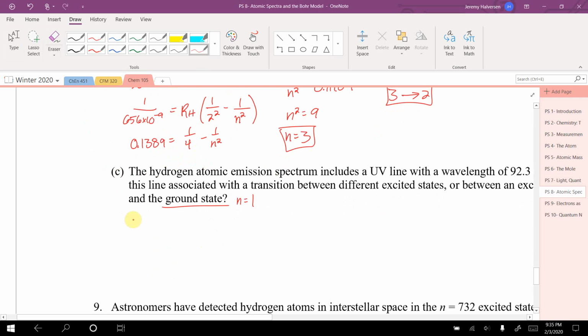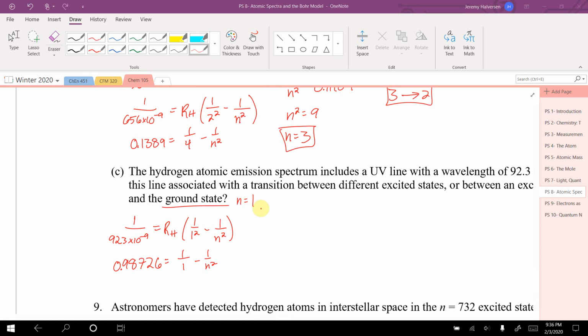So I would say 1 over 92.3 times 10 to the negative 9 equals RH, 1 over 1 squared minus 1 over n squared. 0.98726 equals 1 over 1 minus 1 over n squared.